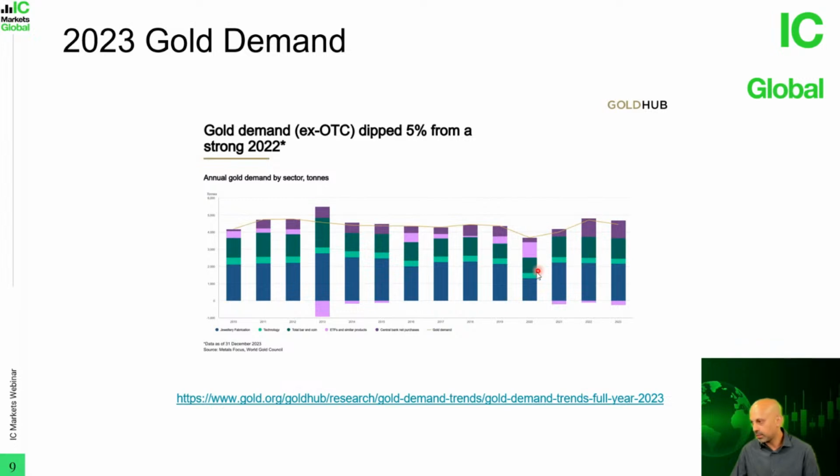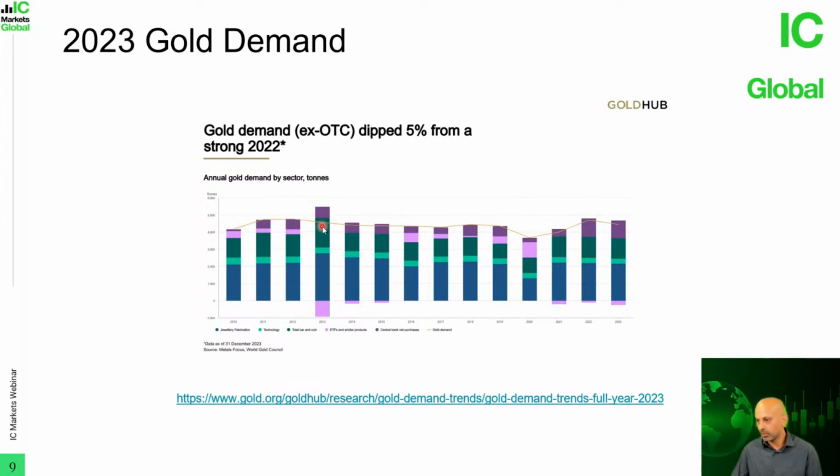Yeah, right. So as you can see, in 2020, gold demand dropped globally, but then it started to pick up quite steadily in 2021 and 2022. 2022 was probably one of the highest periods of gold demand, right? It was almost a 9-year high.